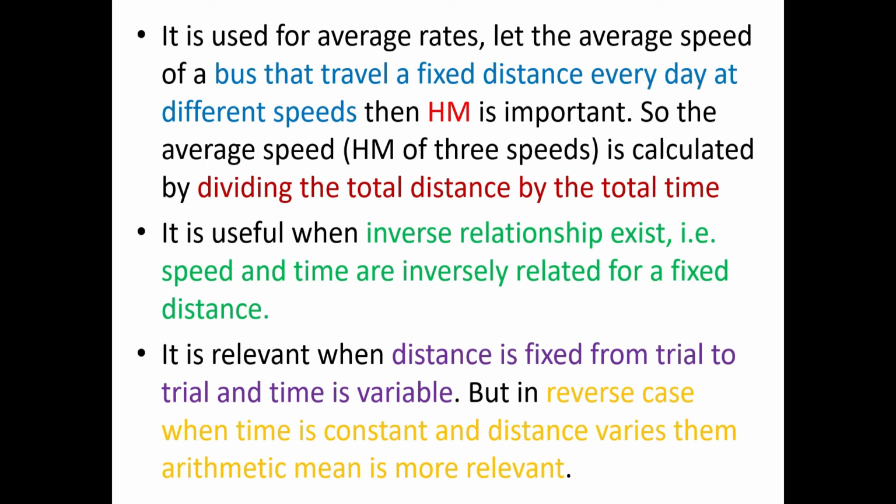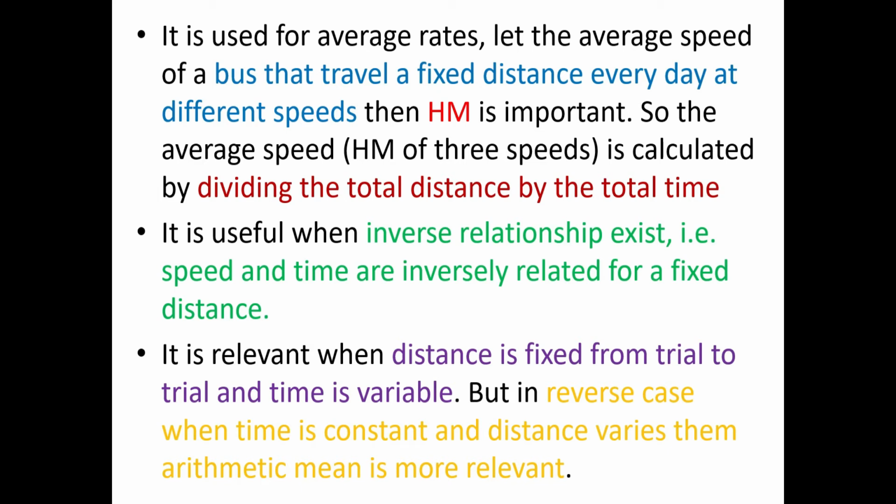It is very useful when an inverse relationship exists, because speed and time are inversely related. If you increase the speed, your time of journey will reduce. If you decrease the speed, your time of journey will increase. So in these cases you have to use the harmonic mean.